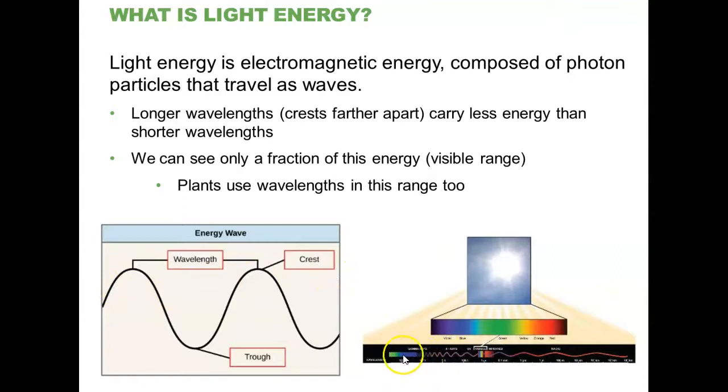Therefore, blue light and gamma radiation way up here, but blue light in the visible spectrum is more energetic than red light or infrared radiation. They have less energy that they transfer.